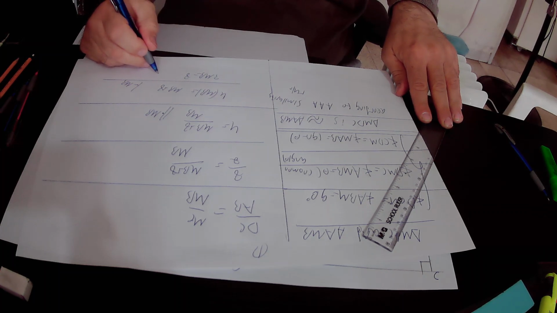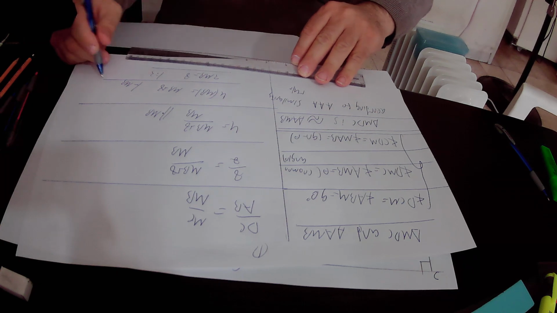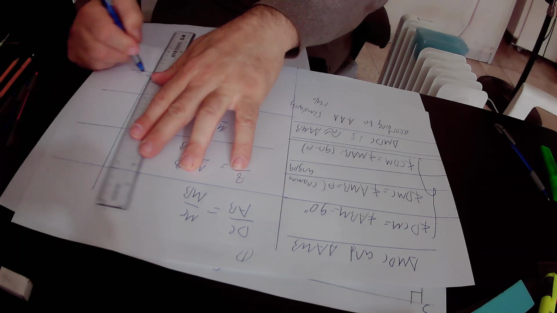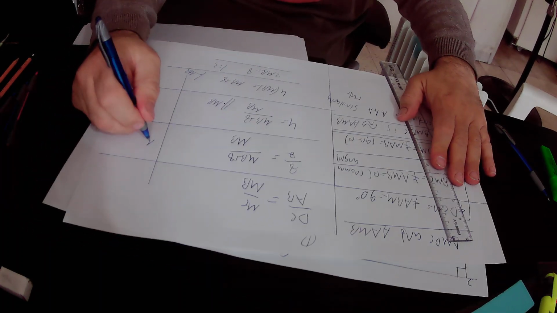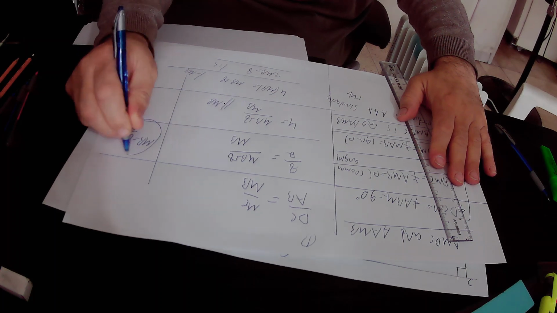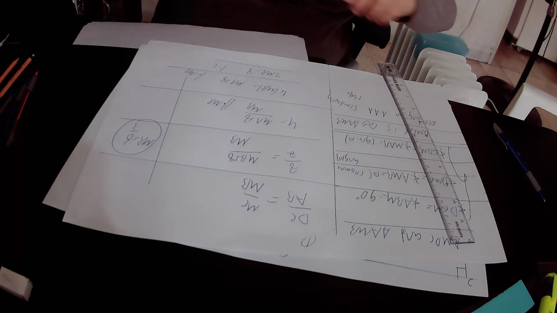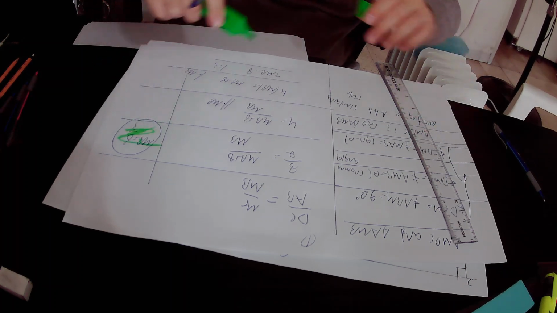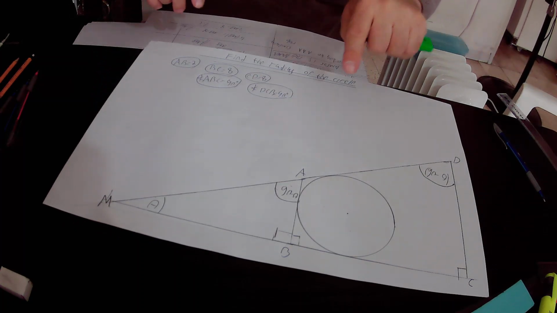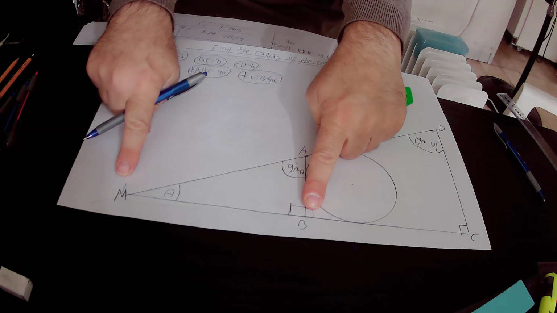Here we divide this equation by 3 and finally we get that MB equals 8 over 3 units in its length. So this is side MB, that is equal to 8 over 3 units in its length.